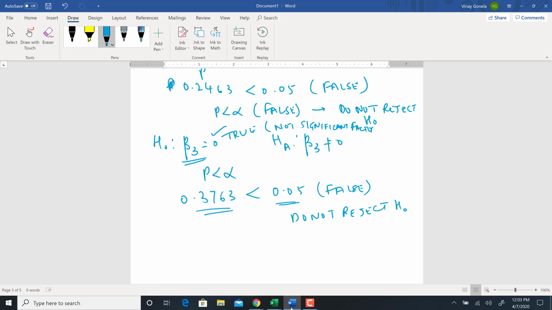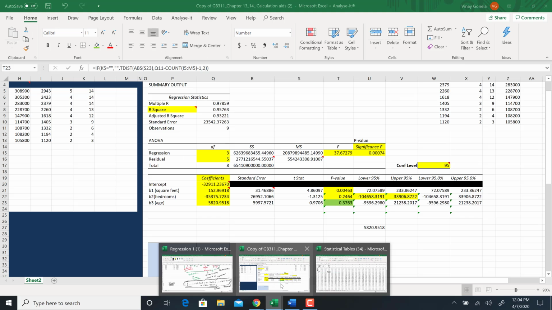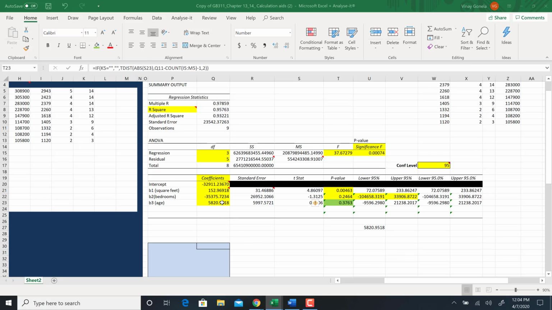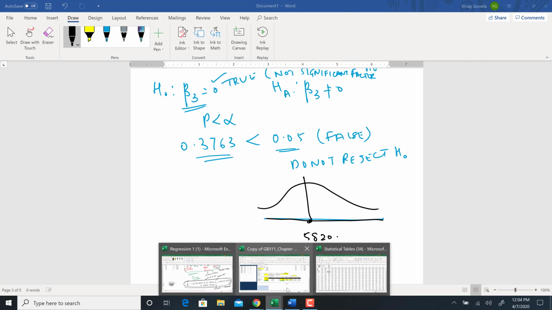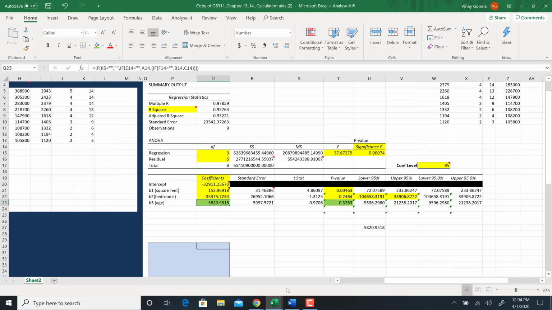The main idea is that for beta 3 I can draw a normal distribution curve, and my average turns out to be the coefficient value, 5820.95.